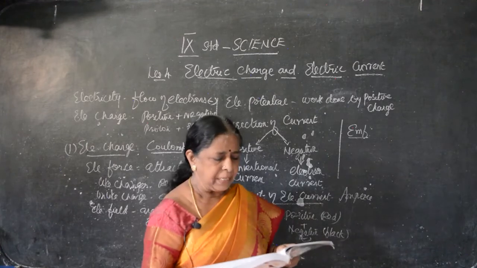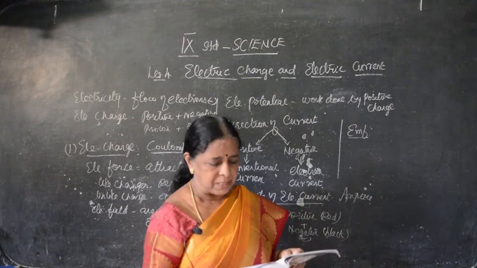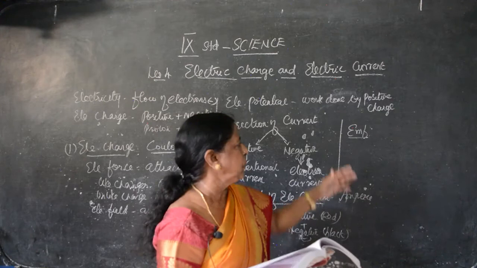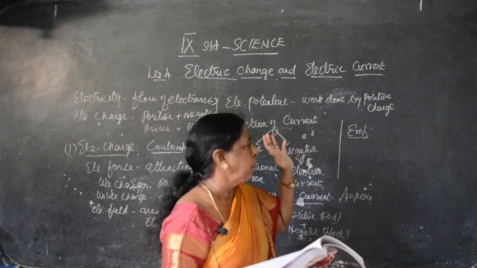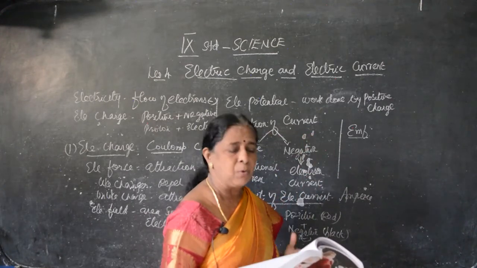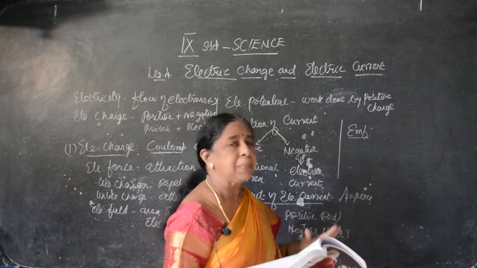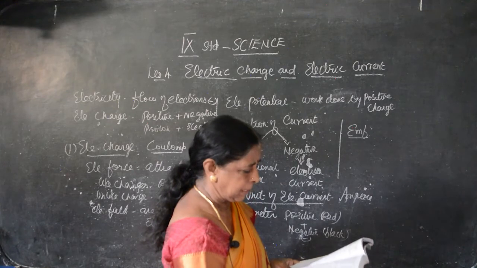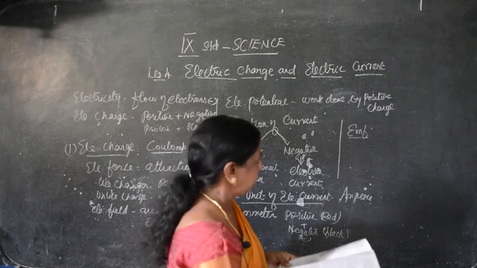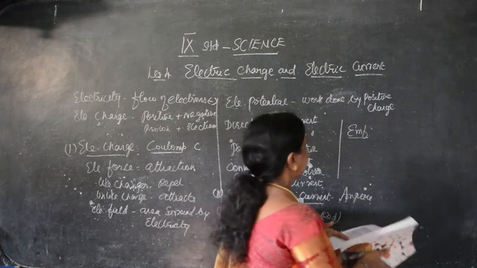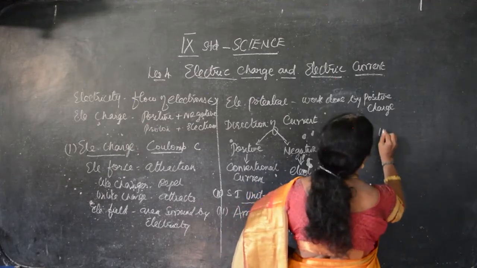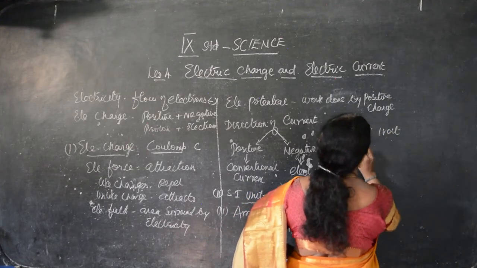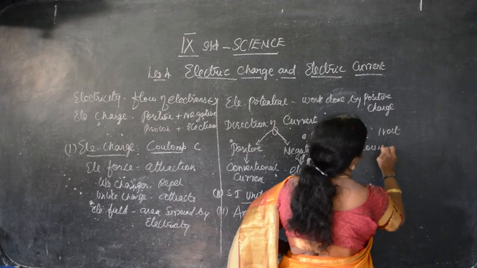Here the pumping action of the electrical energy is made possible by the electromotive force. By using the force we find out how fast the electricity flows. The flow of electrons can be easily measured by using electromotive force. It is around the circuit. This is 1 volt around the electric circuit.